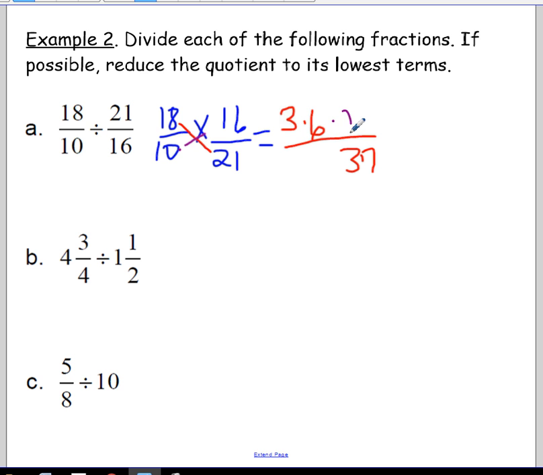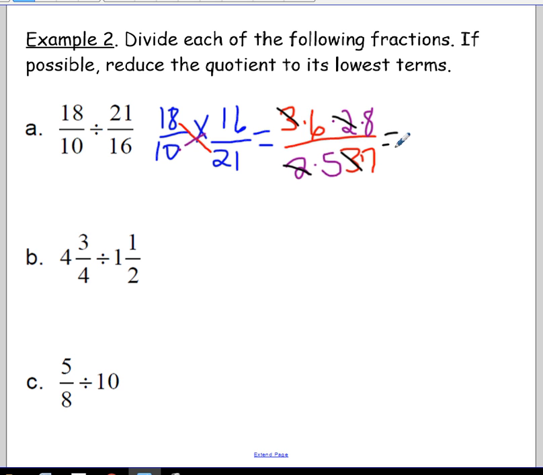So 16 is 2 times 8, and 10 is 2 times 5. Again, there might be some more simplifying that needs to be done, but that's what I see easily. So that's where I'm going to start. And so the 3's that we created can cancel, and the 2's that we created can cancel.